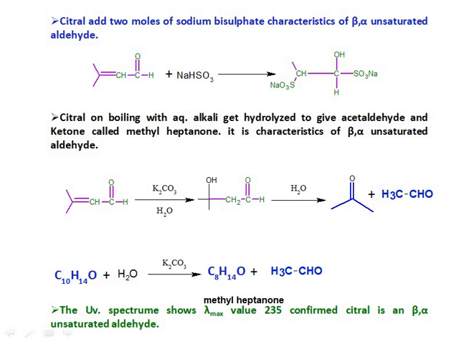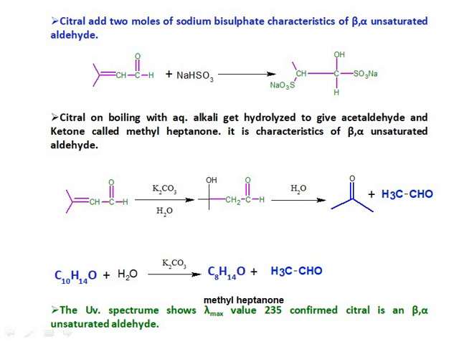This is the characteristic of an alpha beta unsaturated aldehyde. One sodium bisulfite is added to the carbonyl carbon and the other is added to the carbon-carbon double bond. So it must contain a carbonyl group and a carbon-carbon double bond conjugated with the carbonyl carbon. Such types of intermediates will be formed.